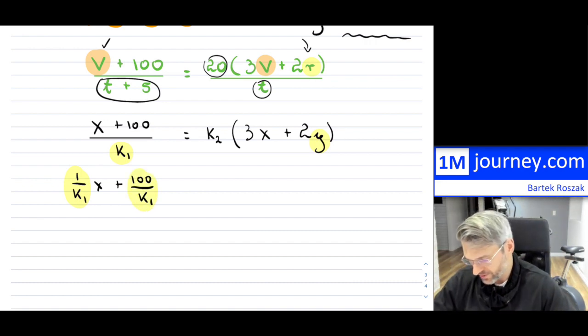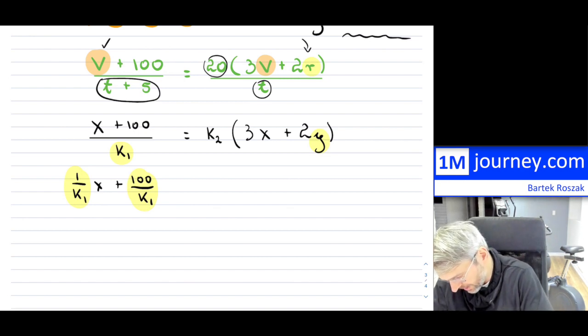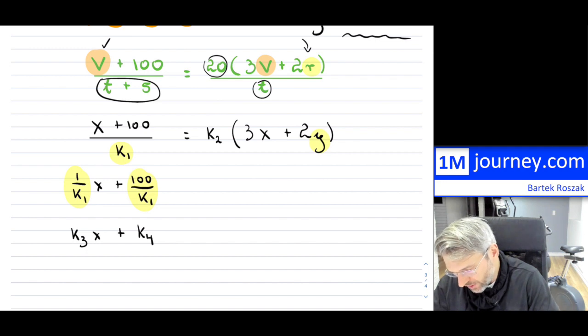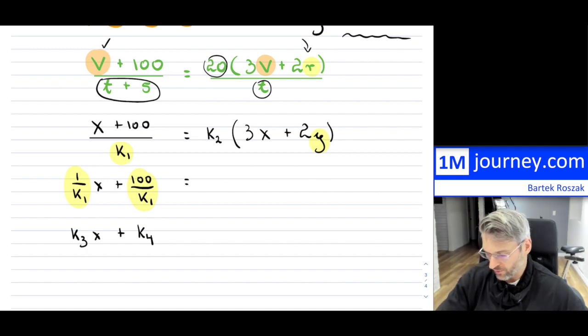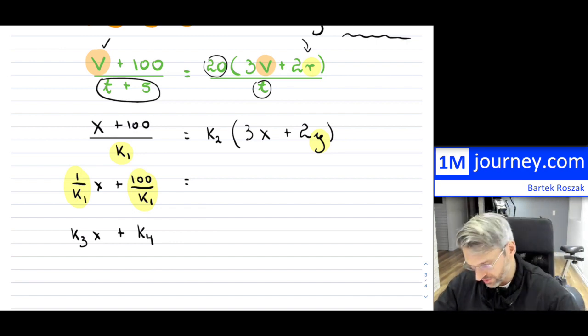So they're just numbers. So I'm going to rewrite them. I used k2. So let this be k3x plus, let's say, some k4. So anything that is not x or y, they're just constants, so I'll just keep relabeling them, 1, 2, 3, 4, so they're just constants.